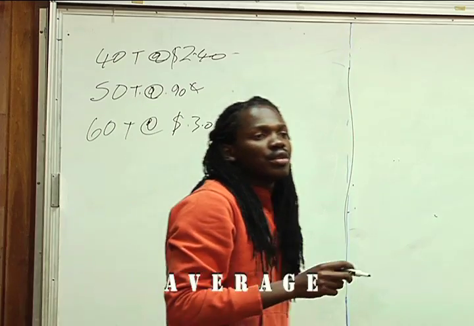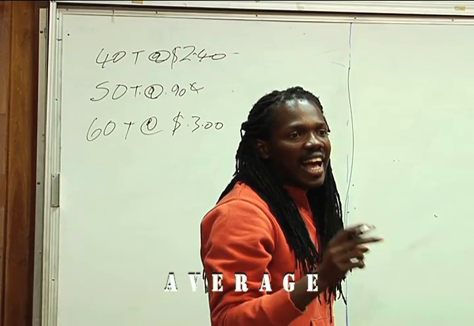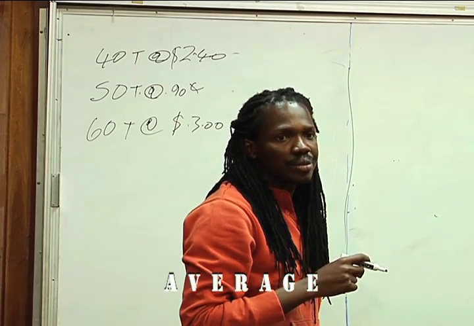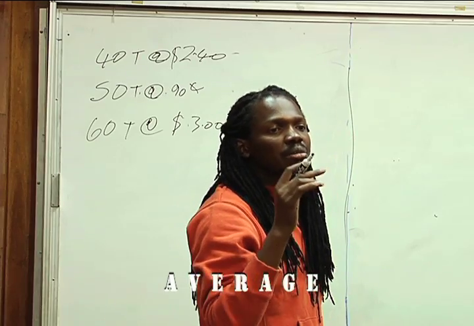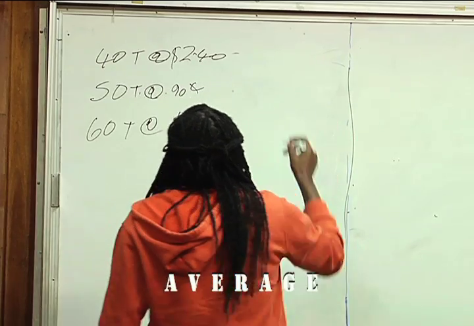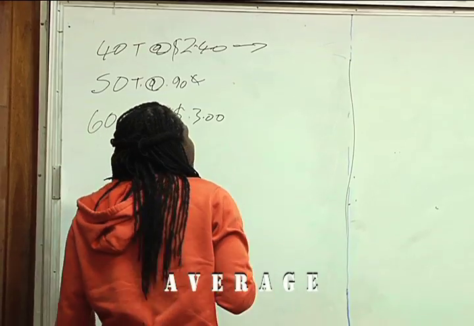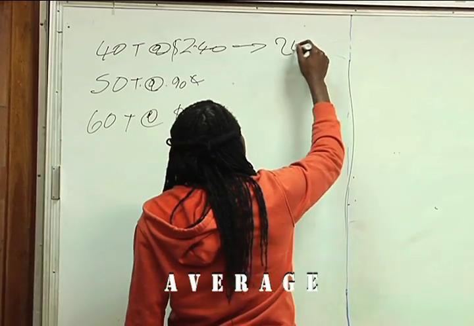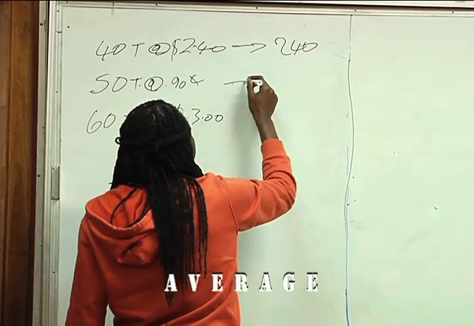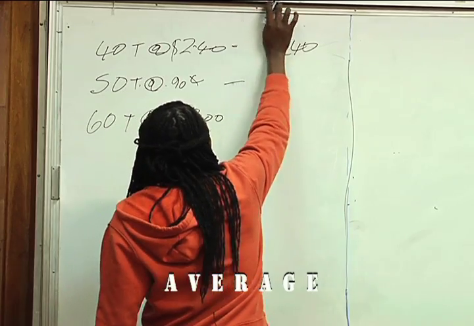You have cents and you have dollars. So what's the first thing you have to do? Convert them to cents, to the same exact unit. $2.40 is going to be 240 cents. 90 cents stays 90 cents.